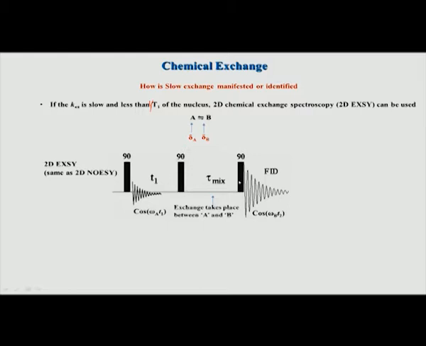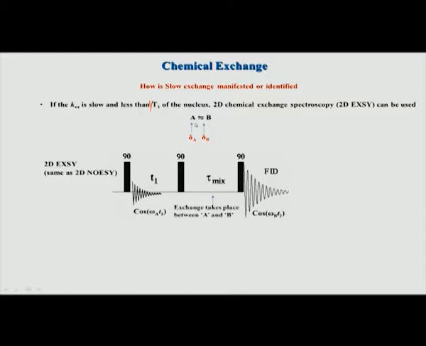During that mixing time, this period, the state A will exchange to state B, because this is an equilibrium process. So, some of them will get converted to B, again come back to A, and so on and so forth. This is not a one way reaction process, it is a two way. So, during the mixing time, if the exchange is slow enough, then it can exchange multiple times to B and vice versa.